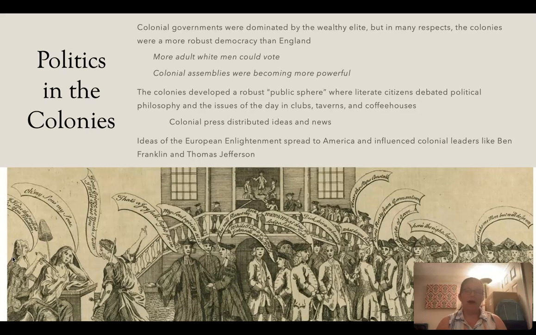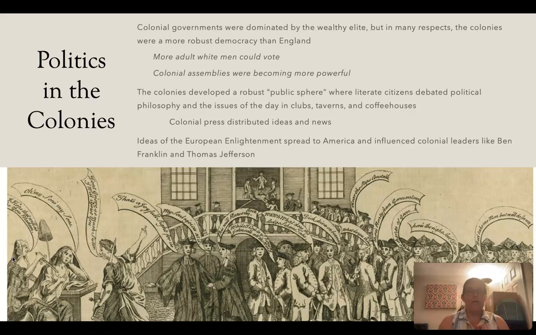And you had to have very high qualifications to hold office in terms of owning property. For example, in order to sit in the colonial assembly in South Carolina, you had to have at least 500 acres of land and 10 slaves, or own property worth 1,000 pounds.